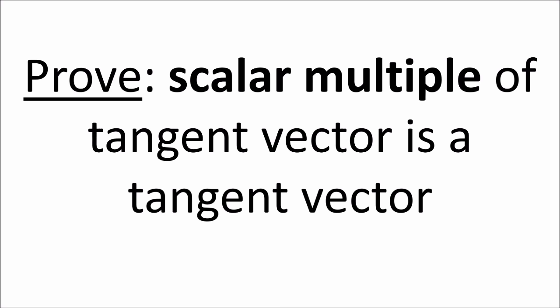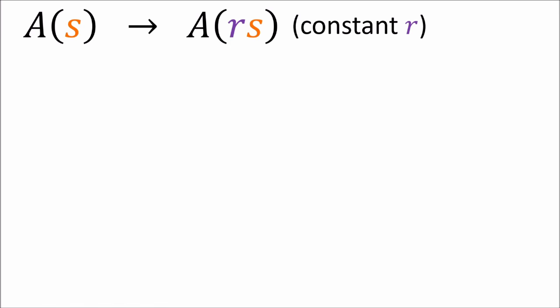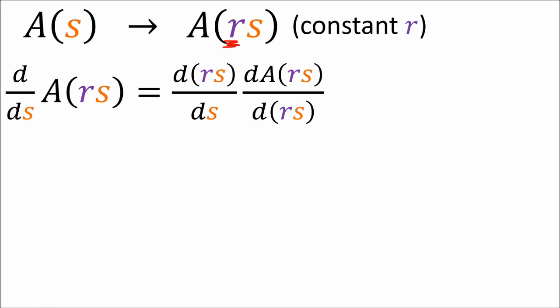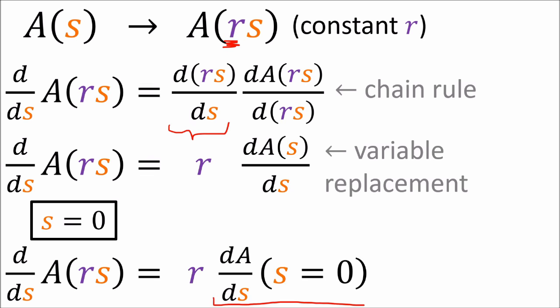Now, let's prove the scalar multiple of a tangent vector gives another tangent vector. Let's take the path a of s in the group and multiply the parameter s by some constant r to give us a of r times s. Now let's take the derivative and set s to 0. Using chain rule, we get a factor of r out in front, and the derivative at s equals 0 becomes the generator small a.